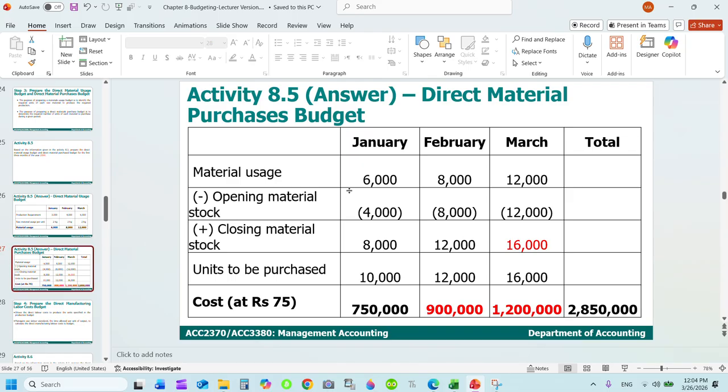Usage budget, then direct material purchase budget. So we can see purchase cost is given here, right?